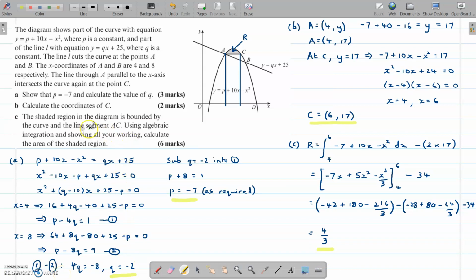Just a note of warning: it does say using algebraic integration and showing all your working, so you have to show sufficient steps to justify those 6 marks. We've done the algebraic integration and shown the substitution. It's acceptable at this point to put that on the calculator and evaluate it, because you've done all the integration by algebraic methods.